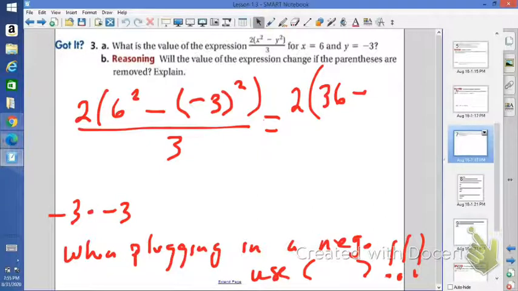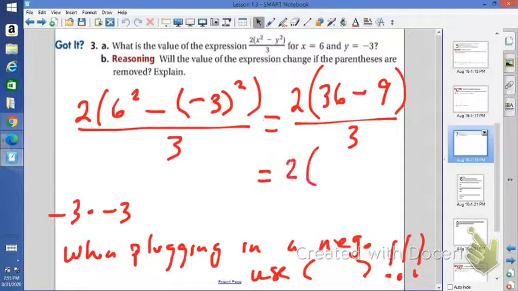And what does that give you? That gives you 9. So we have 36 minus 9 divided by 3. So we have 2 times 36 minus 9. Let's plug that in. That's going to be 27. And then that's going to equal 2 times 27. That's going to give us 54.